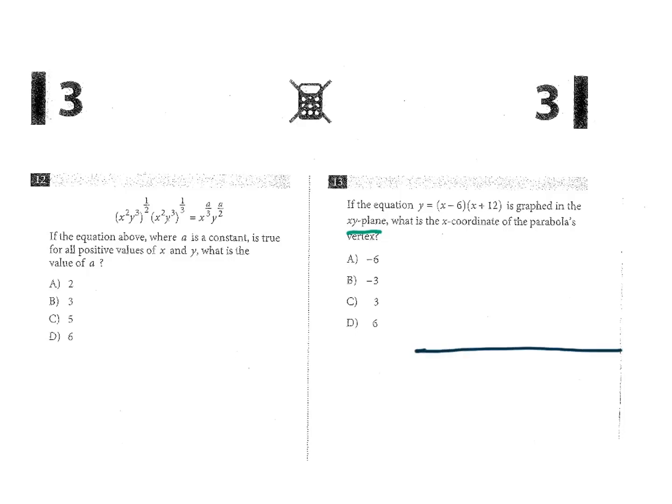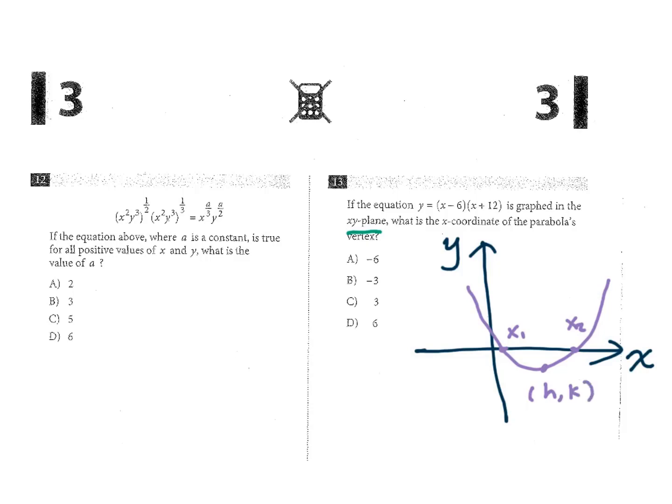For a parabola, I have the xy axes. This one we call x1, here is x2. Then this is h, k, for example. And this is a symmetric line.